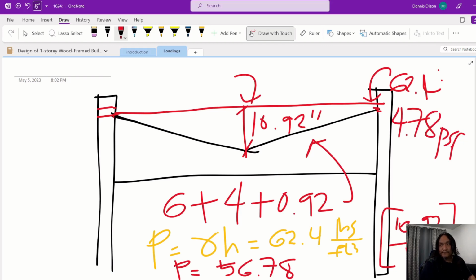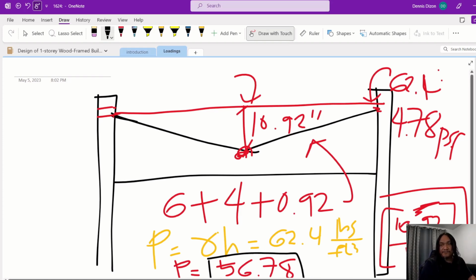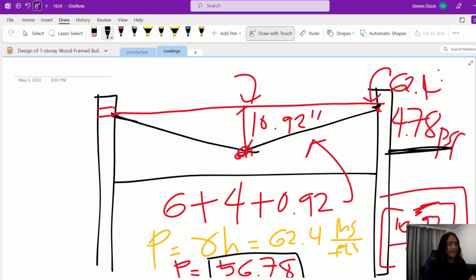This one is covered by my camera, but this is just the height, which is 10.92. 10.92 over 12 gives us the pressure at the bottom here, 56.78 psf, and at the highest elevation where our water is only 0.92 inches, our pressure is 4.78.